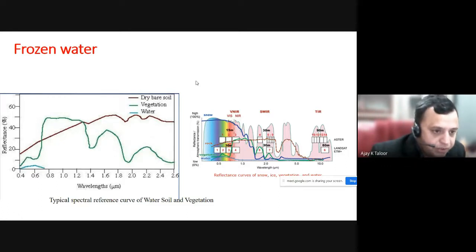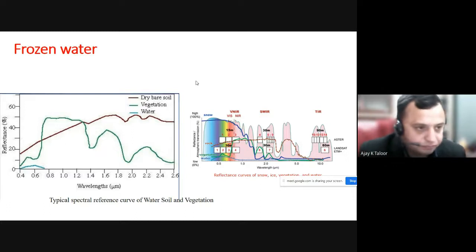Up to here, from 0.4 to 0.7 micrometer, snow cover has very high reflection compared to water. Water has very poor reflection and snow has very high reflection. Snow means frozen water. Next, please.